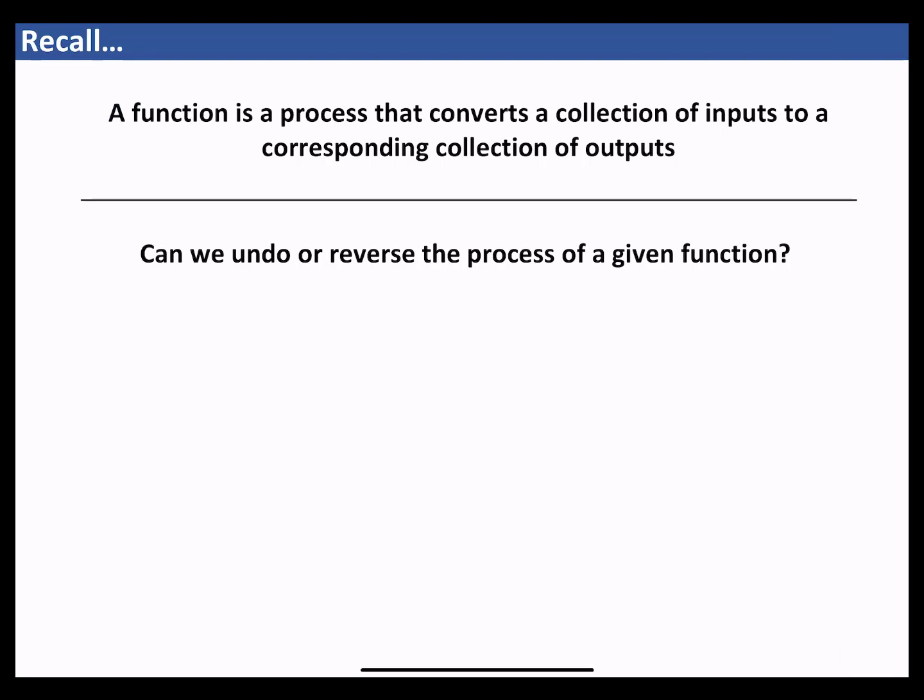Since a function is a process that converts a collection of inputs to a corresponding collection of outputs, always in such a way that no single input can produce two different outputs, it's natural to ask, can we undo or reverse the process of a given function?